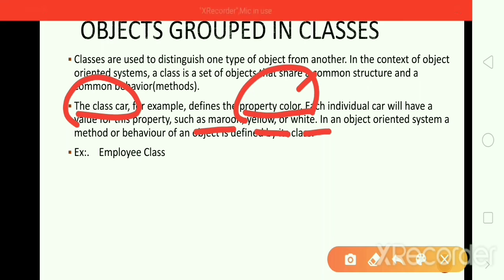Here, for the class car we have the property color, and this color property can have the value maroon, yellow, white.